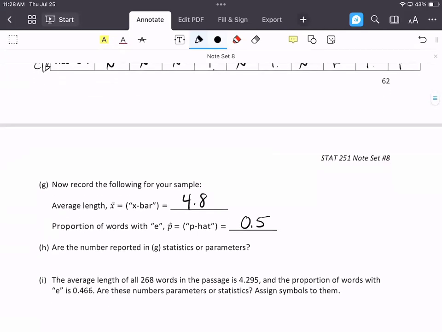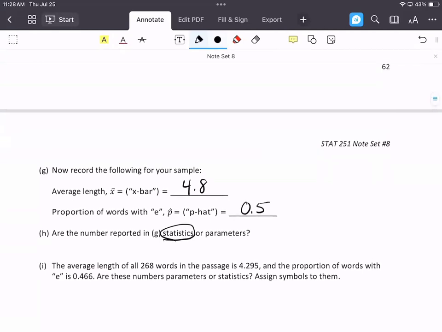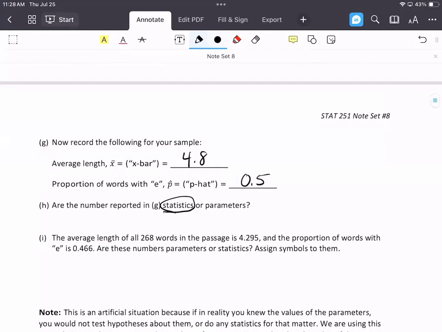Okay, in G, are those numbers reported statistics or parameters? And hopefully you think, oh, those are statistics because they're based on my sample. Parameters are based on a population. The average length of all words is actually 4.295, and the proportion of words with an E is 0.466.